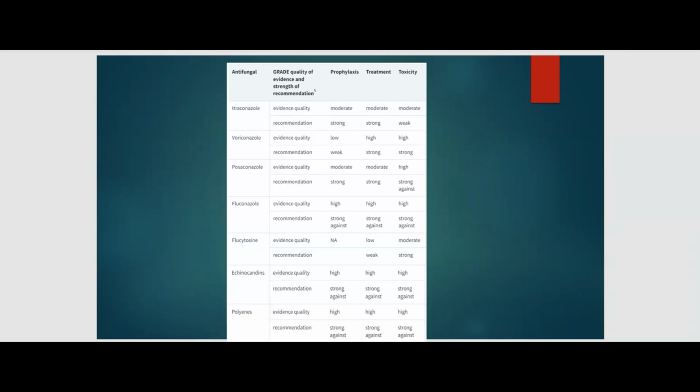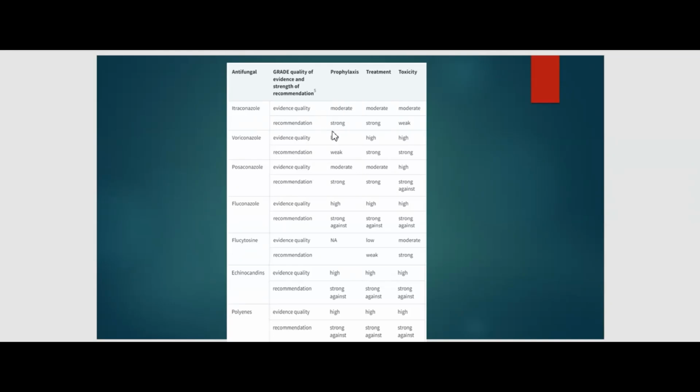Over here, I tried to gather almost all the antifungals that we know of and the evidence behind monitoring them. And this was done in the United Kingdom, I believe. Itraconazole, for example, the evidence quality on monitoring itraconazole is moderate for prophylaxis doses, treatment doses, and even to avoid toxicity.